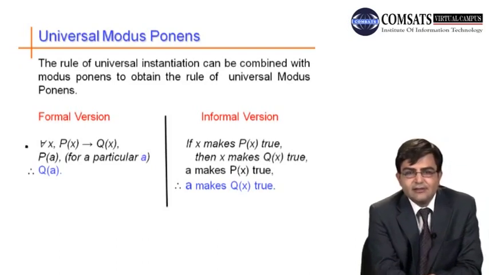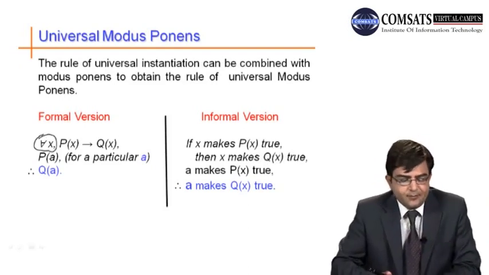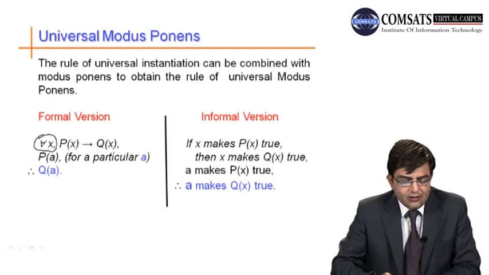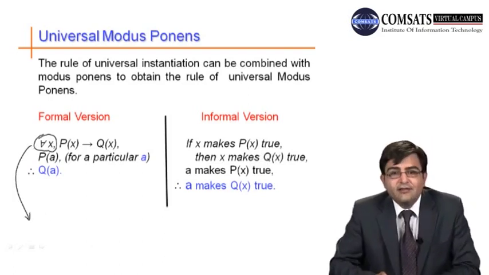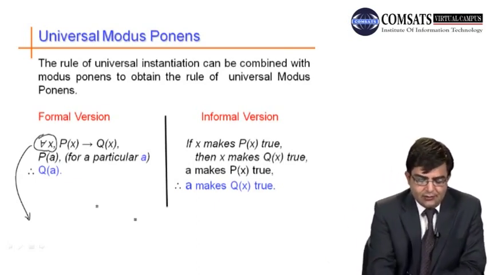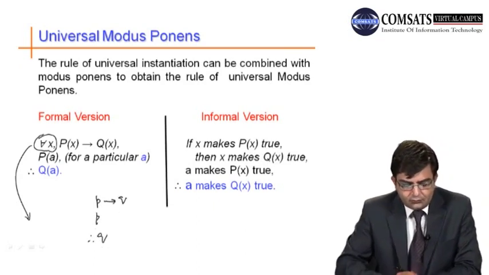Now we have for all x, whereas in simple modus ponens, as we have studied in the previous lecture, we don't have this universal quantifier. As you know, we had this form: P implies Q, P, therefore Q.